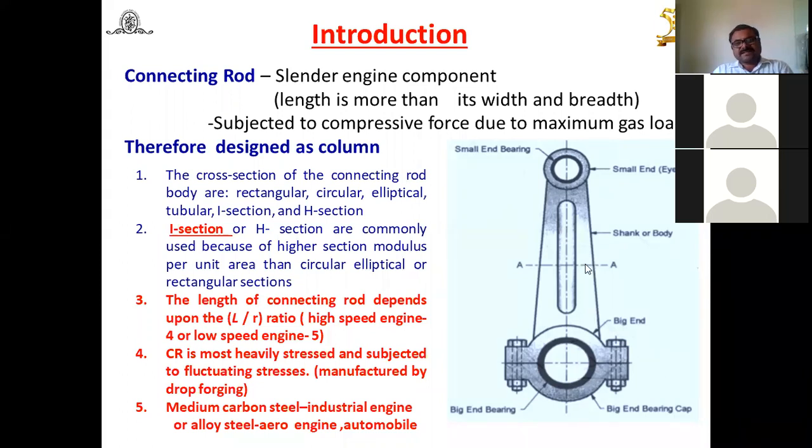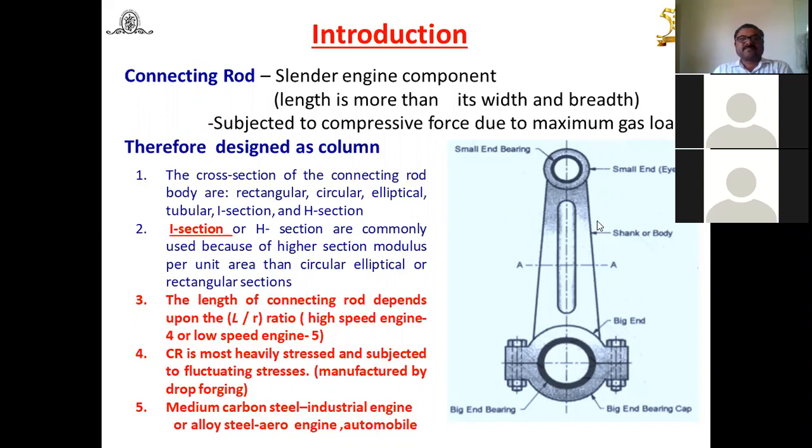Again, it reciprocates, and because of that, I sections and H sections are commonly preferred. And why are these sections preferred? Because they have a high section modulus per unit area compared to the circular or other cross sections. So try to understand here, the I section or H section is commonly used in the case of the connecting rod.